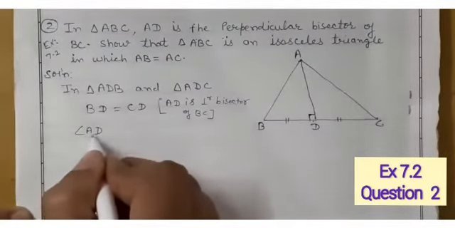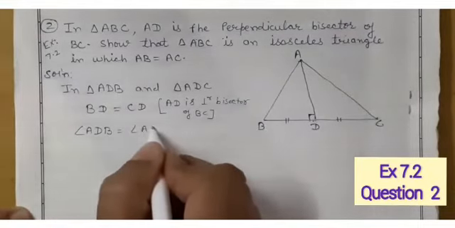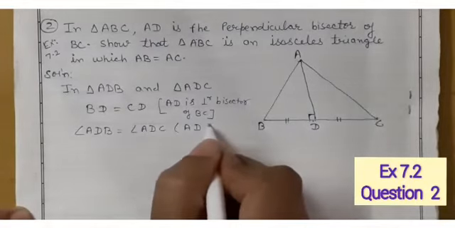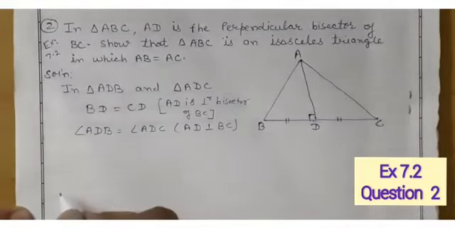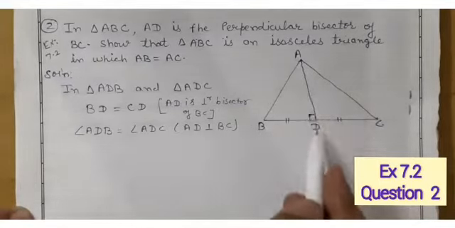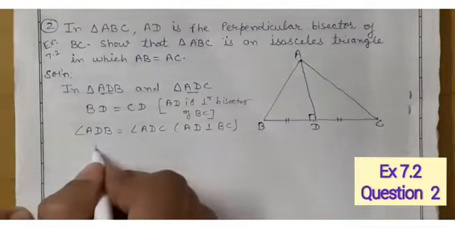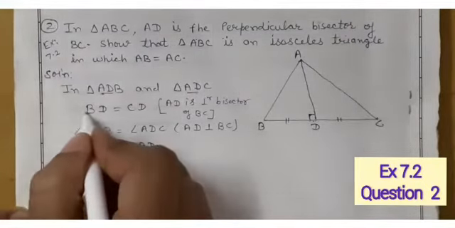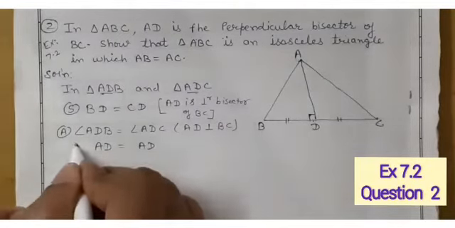And what about angle ADB and angle ADC? Because AD is perpendicular to BC, it is 90 degrees. And AD is common in these two triangles, AD equal to AD. Here this is your side, this is your angle, this is your side.